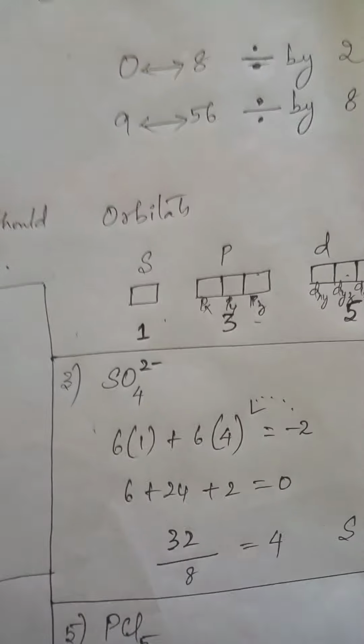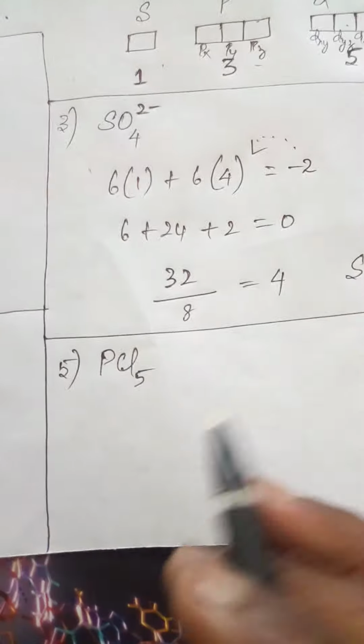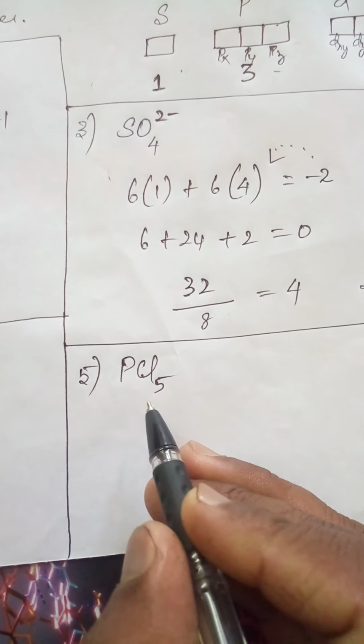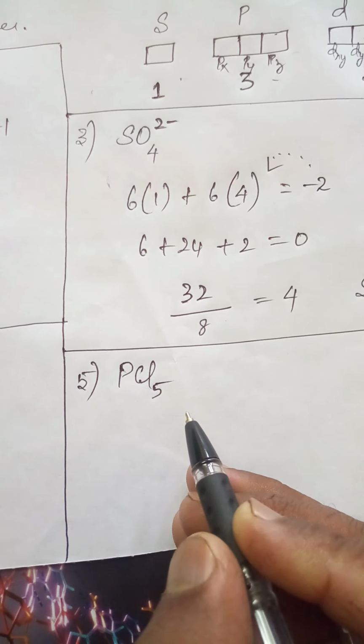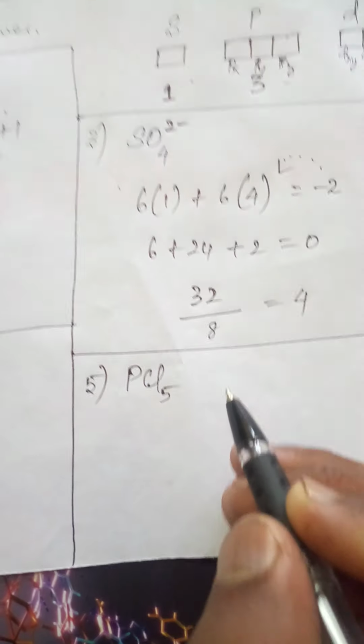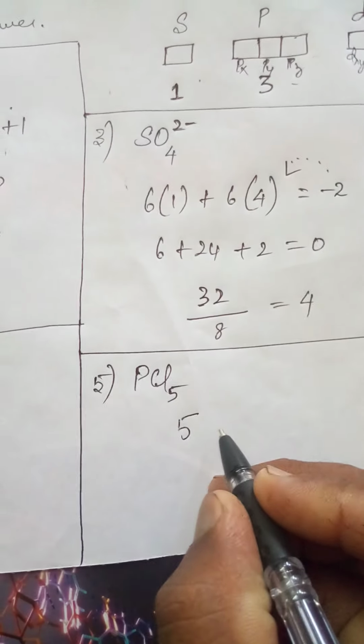Got it? Now here we go with one calculation for you: how to calculate the hybridization of phosphorus pentachloride. We know how many valence electrons are present in phosphorus. Phosphorus will have 5 valence electrons. And how many phosphorus atoms are present here? 1.